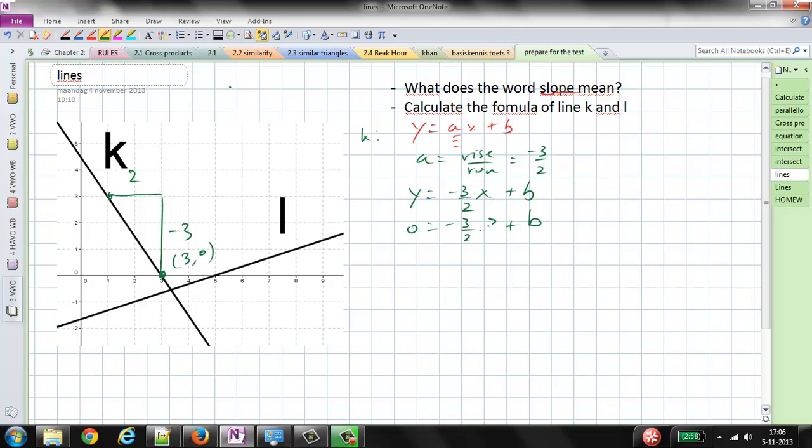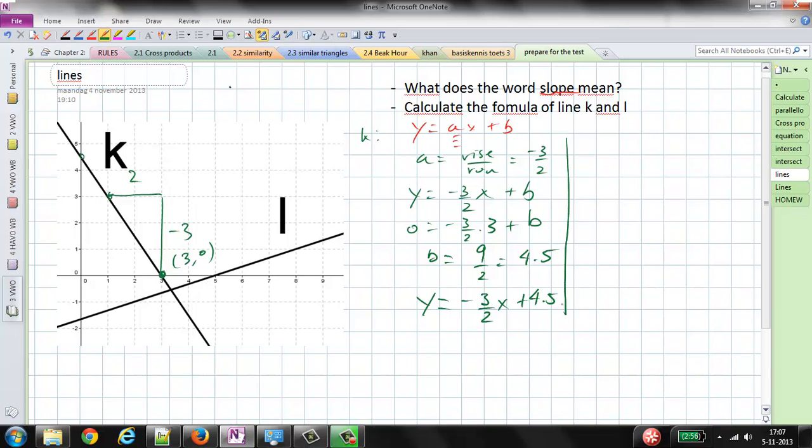Okay, sorry, I'm confusing myself. It's x is equal to 3, and the y is equal to 0. That's what I filled in. So that b is going to end up being 9 halves, or equal to 4.5, which looks about right, as this is 4.5. Lastly, I write down the formula y is equal to minus 3 halves x plus 4.5.